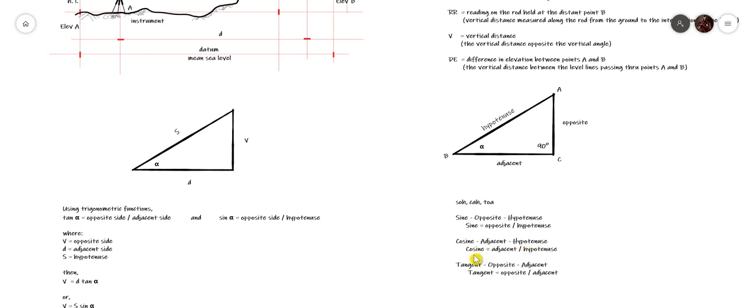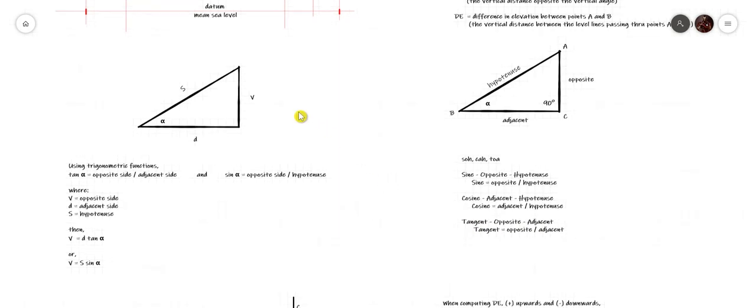So that cosine is equal to the adjacent side divided by the hypotenuse. And in TOA, T refers to tangent, O refers to the opposite side, and A refers to the adjacent side. And lastly, tangent is equal to the opposite side divided by the adjacent side.